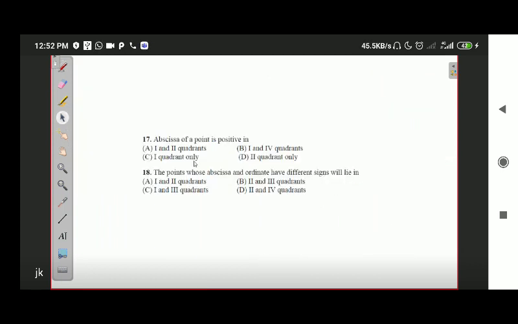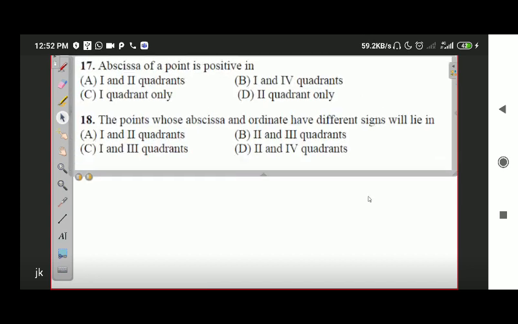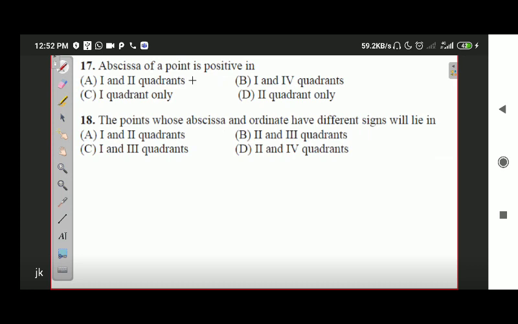Let's see next. Question number 17 is, abscissa of a point is positive. Abscissa is positive. The positive x-axis comes with the first quadrant and fourth quadrant. Okay, first quadrant and fourth quadrant. 18th is the points whose abscissa and ordinate have different signs.